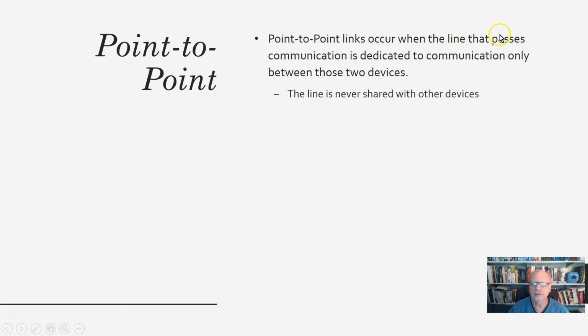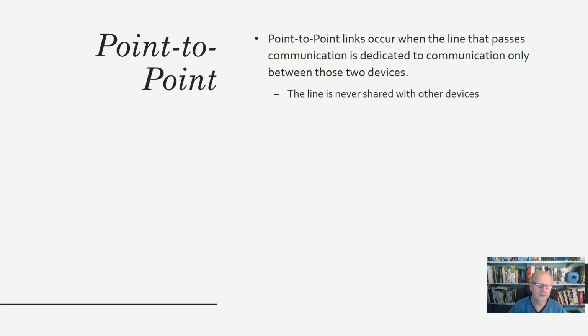In a point-to-point link, we say that the line that passes the communication, in other words, the wires, if you will, are dedicated to the communication between only these two devices. That is to say, it's not shared by somebody else, or another way to put it is neither device ever sees traffic that other devices put out other than the one that it's directly connected to.